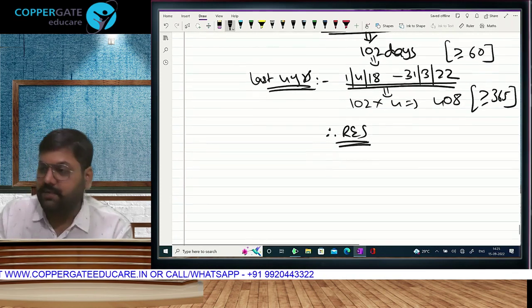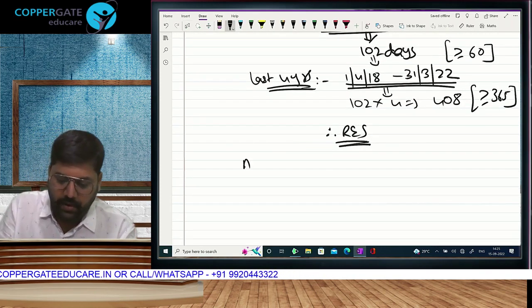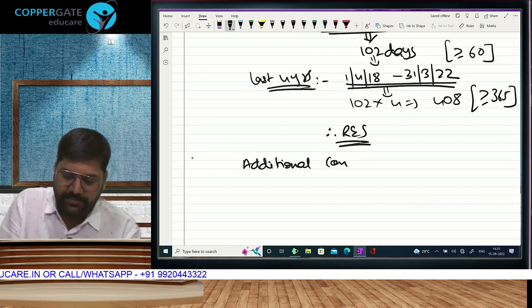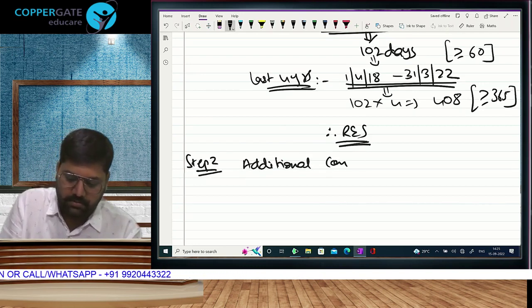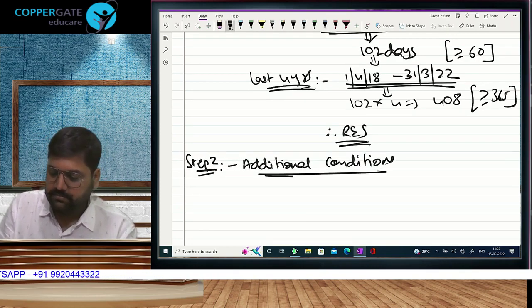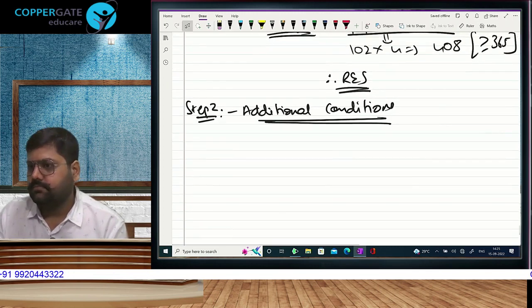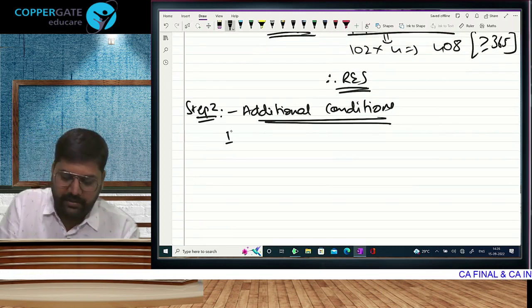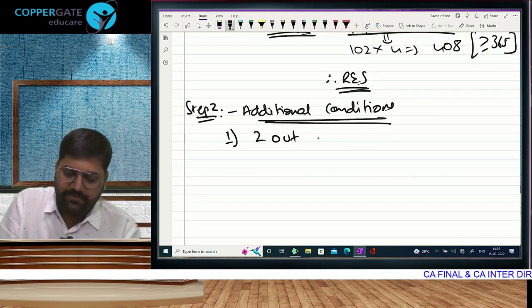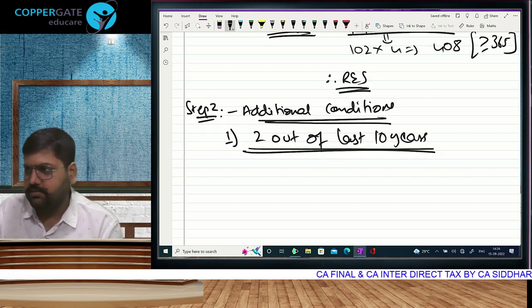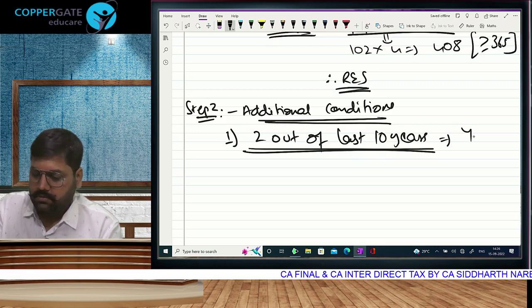And now that he has become a resident, we will now go and check the additional conditions. Step number 2, very good. Additional conditions. 2 conditions. पहले ये ले लेता हूं. 2 out of last 10 years. Are you a resident in 2 out of last 10 years? Yes.